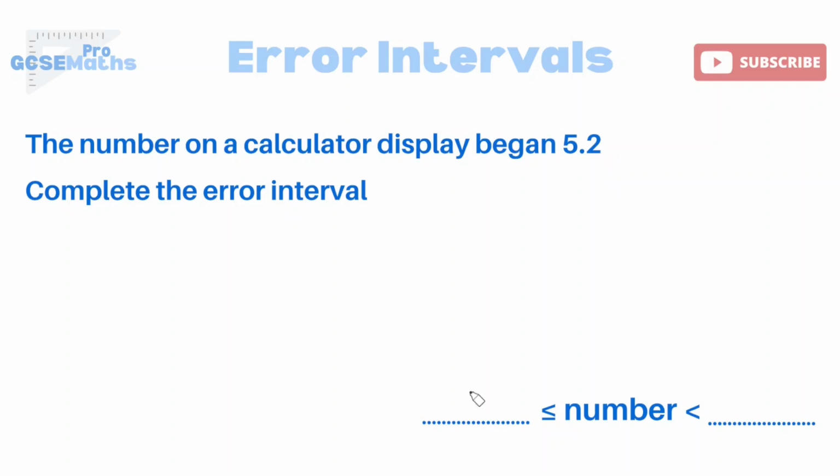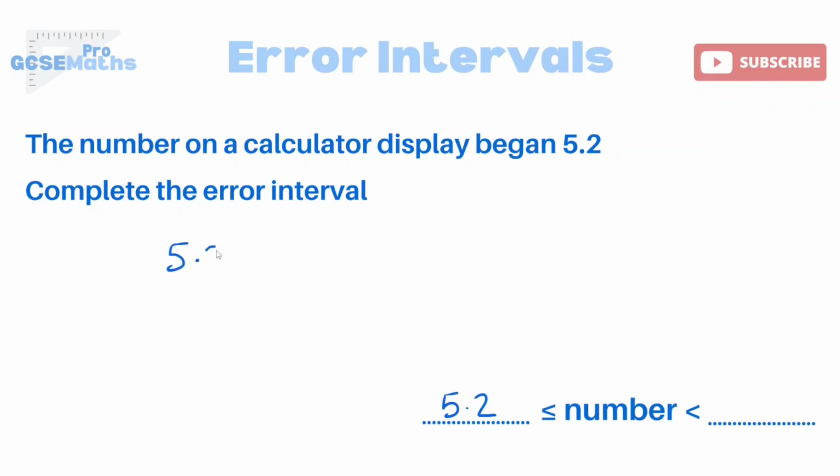So the smallest it can be is that number, isn't it? 5.2. It can't be 5.1 something because we know for certain that we saw 5.2 on the calculator. We just don't know what came after the 2, if anything really. So the smallest is 5.2. Can be equal to that, it can be more than that, but up until what point? Well, effectively at the point where it then becomes 5.3, because again, we know it was 5.2, it definitely wasn't 5.3.